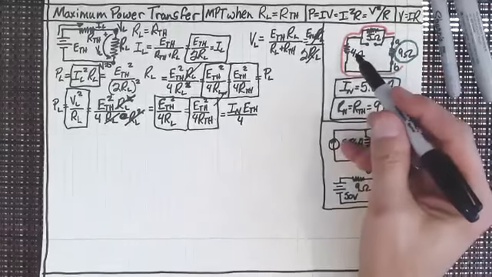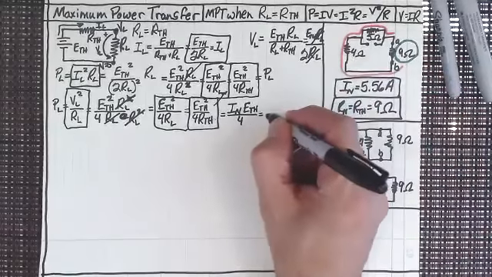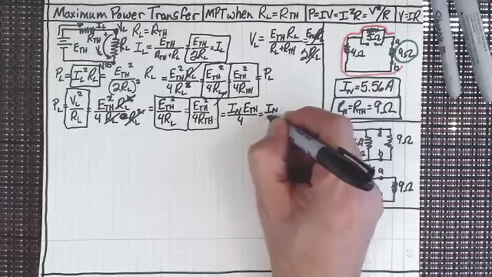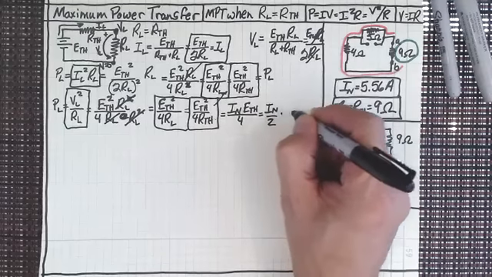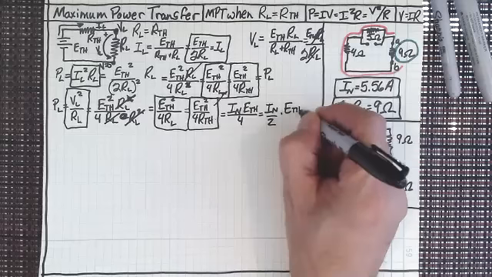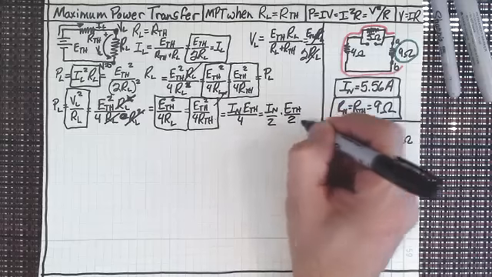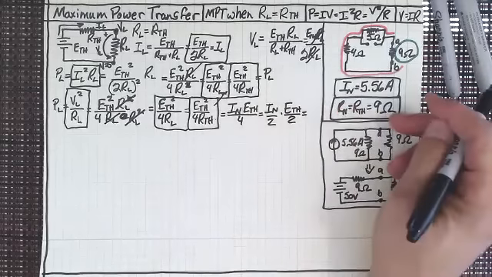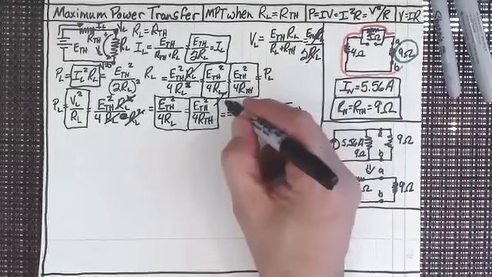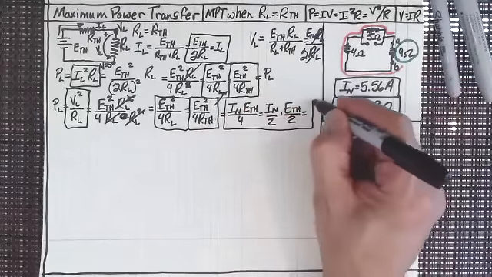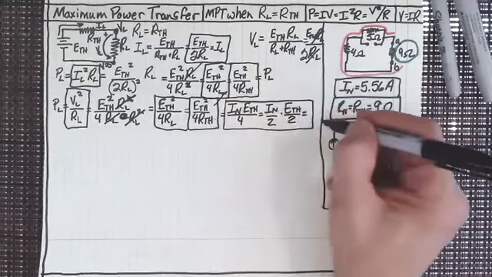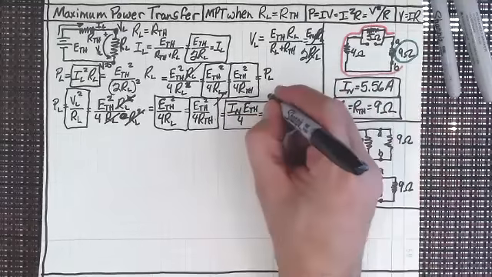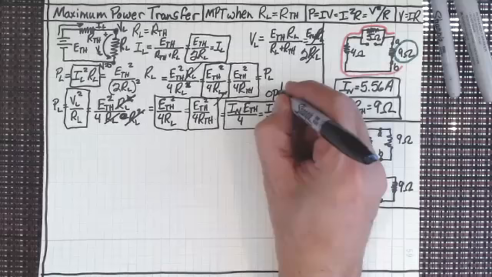And that's true, because wouldn't that be I sub N over 2 times E sub TH over 2? Does everybody see how that works? And so you're probably saying, oh wow, so they're optimized.